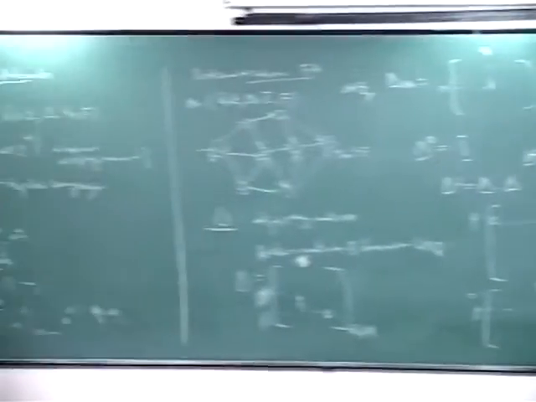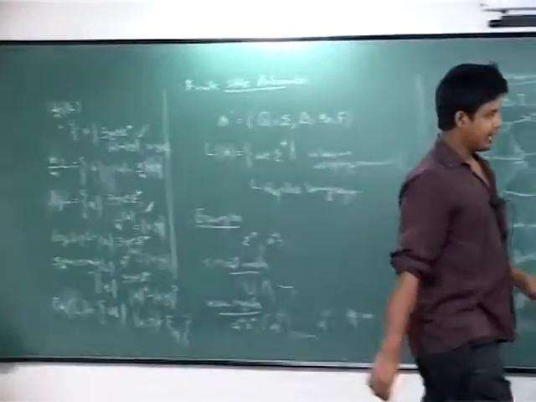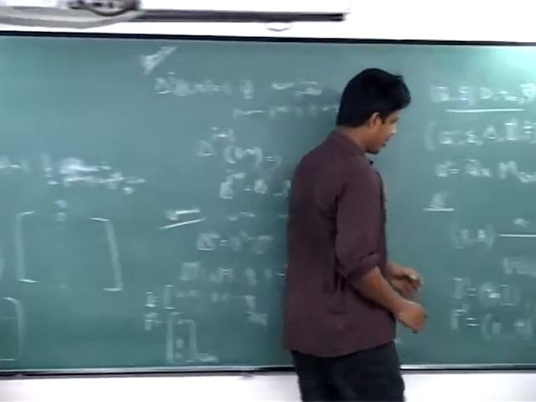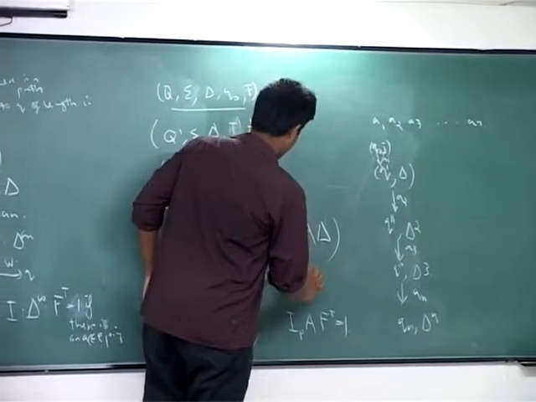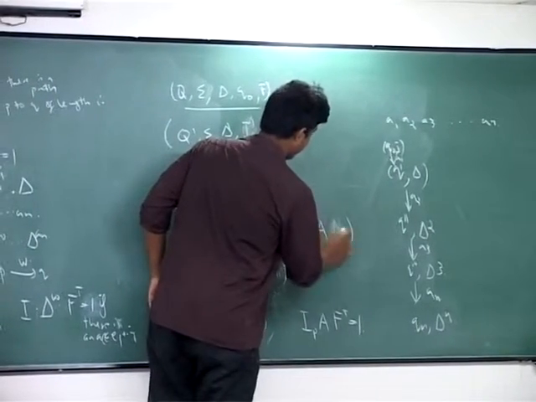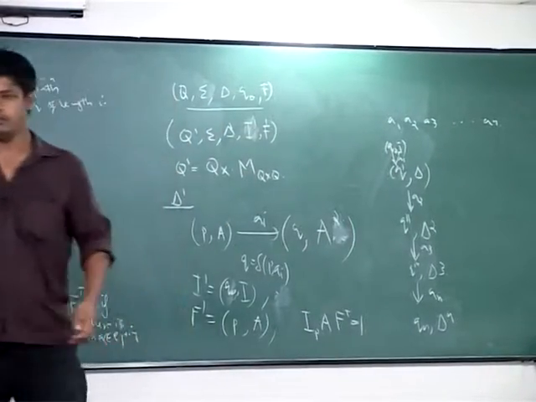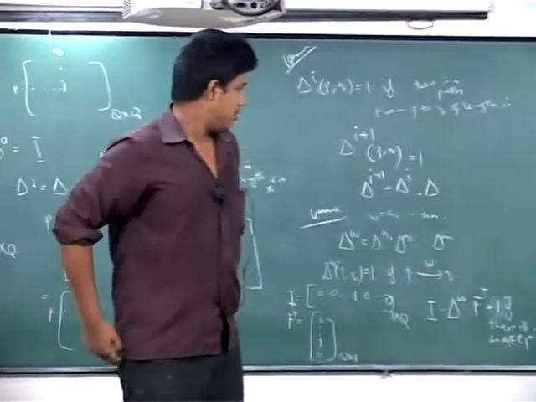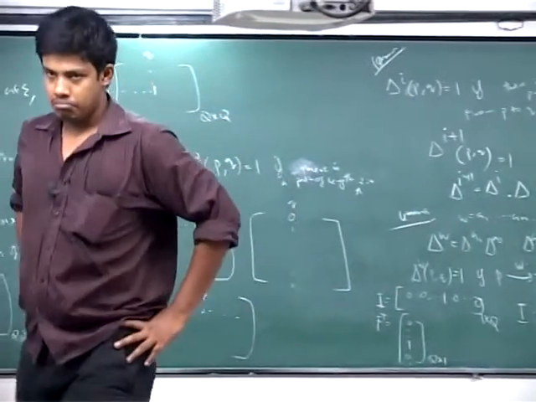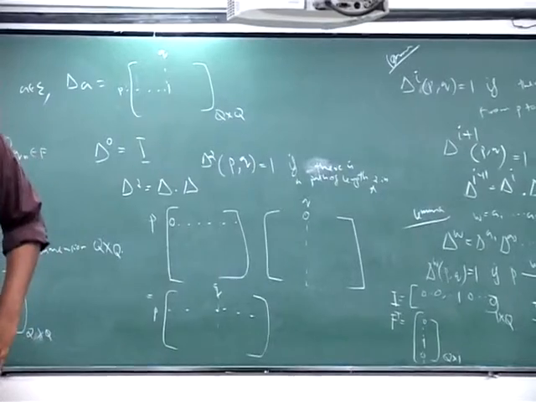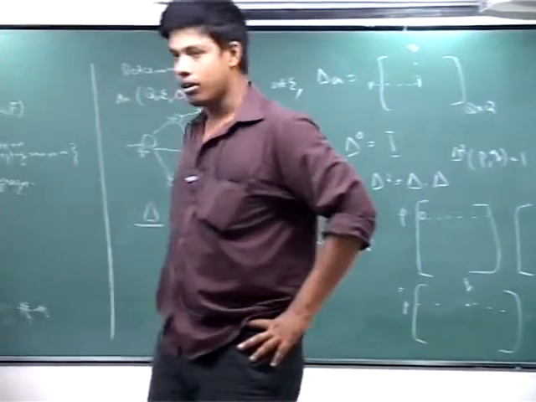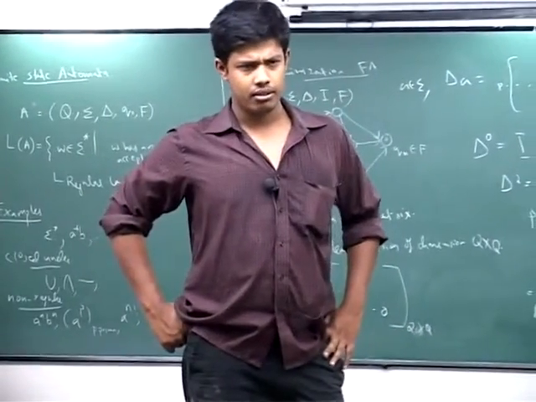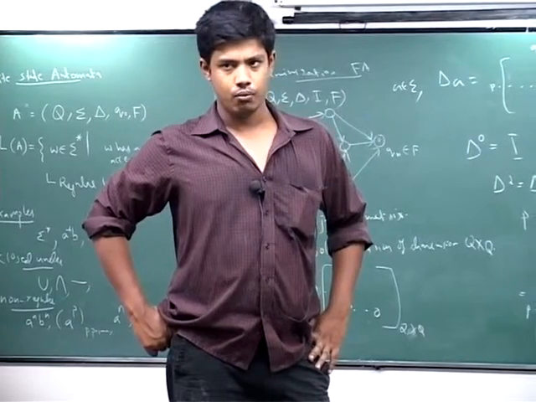What about 2 power x? Now I claim that all I need to change here is a goes to a square. That will be log. Why?